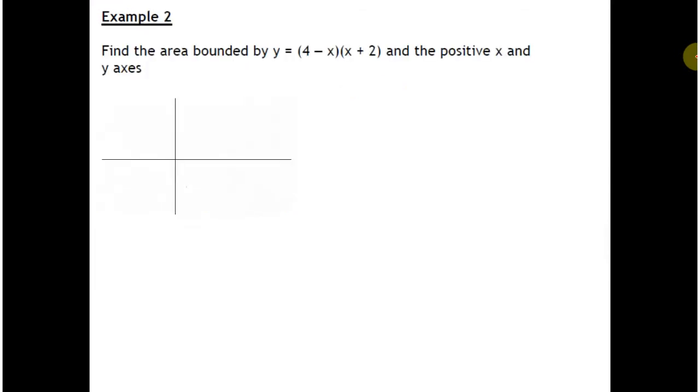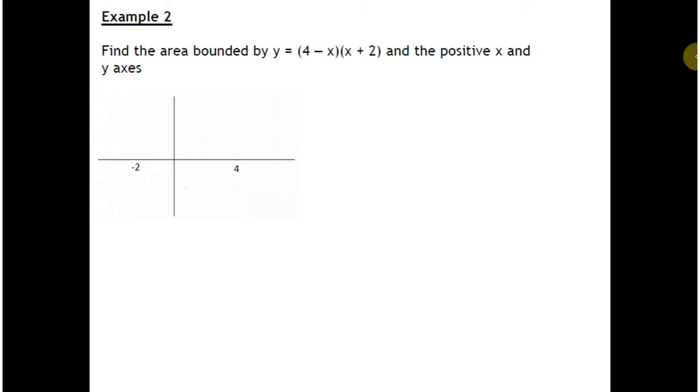Second example. Find the area bounded by y equals 4 minus x times x plus 2 and the positive x and y axes. To make sure we get the right integral, we'll need a sketch of the curve. That's a factorised quadratic, so 4 minus x gives us that it crosses the x-axis at 4, because 4 minus 4 is 0, and x plus 2 gives us that it crosses at minus 2, because minus 2 plus 2 equals 0.